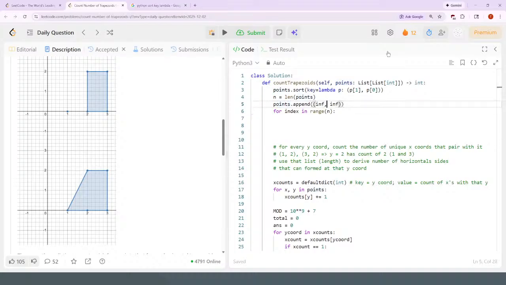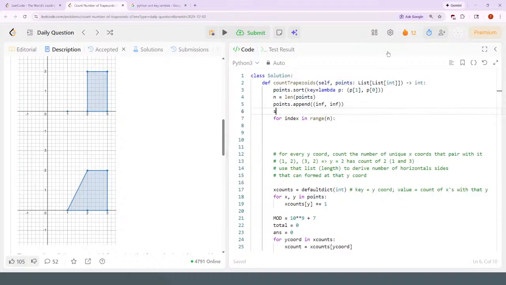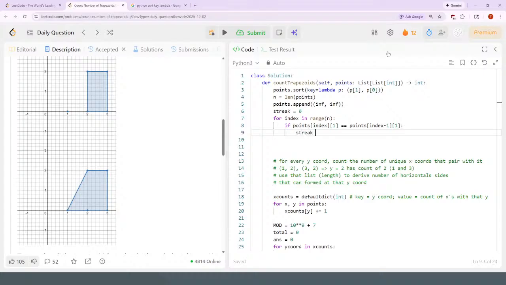So I think I need a running total. So streak is going to equal 0. If the current x coordinate, if the current y coordinate matches, so if points at this index, the y coordinate equals points at index -1, the y coordinate, then it's just streak increments.